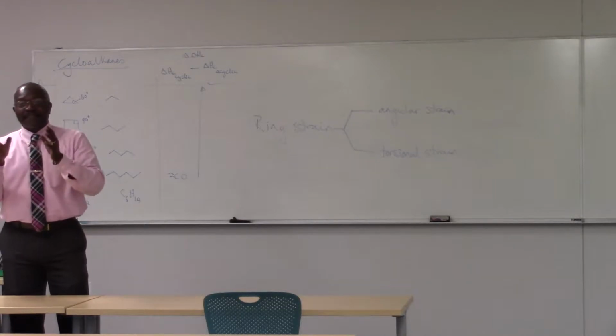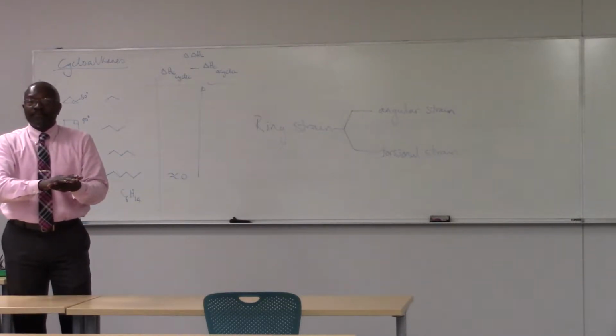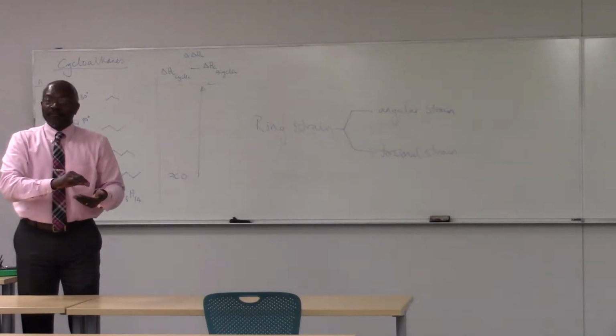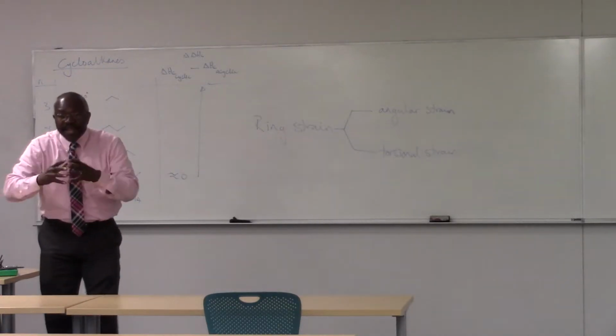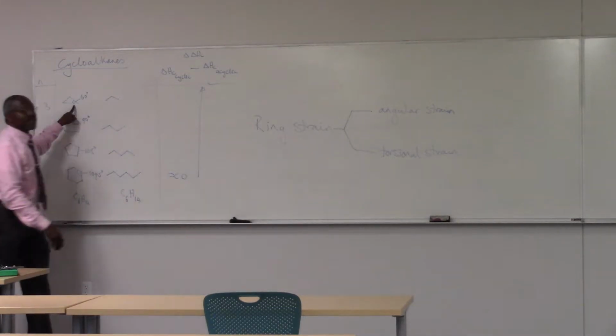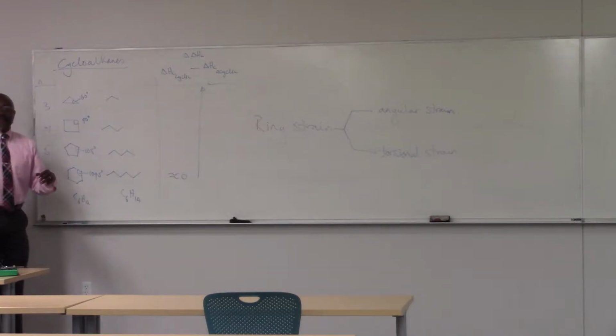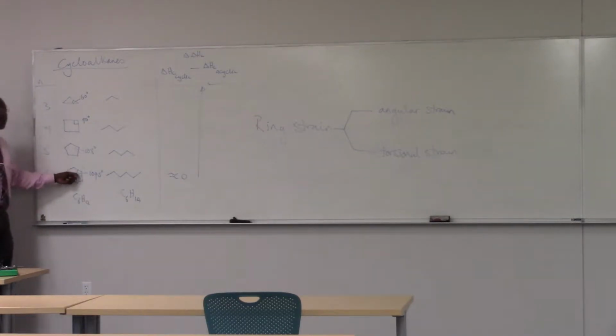That's the classic value predicted by VSEPR because it leads to greater stability, least strain. But as I constrain the ring from 6 to 5 to 4 to 3, my bond angles decrease, and I am bending further and further away from my comfort zone, I become uncomfortable, my energy level goes up.